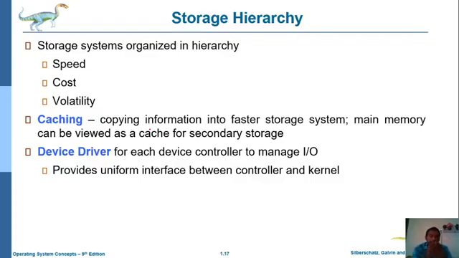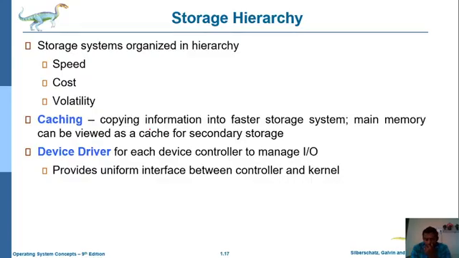Secondary memory is slower than the main memory. In this way, based on speed, we can arrange the storage structure in different order. In the same way, based on cost also. And volatility means nothing but whether it is permanent or temporary storage. So based on these three factors, we can arrange the total available memories in different order.